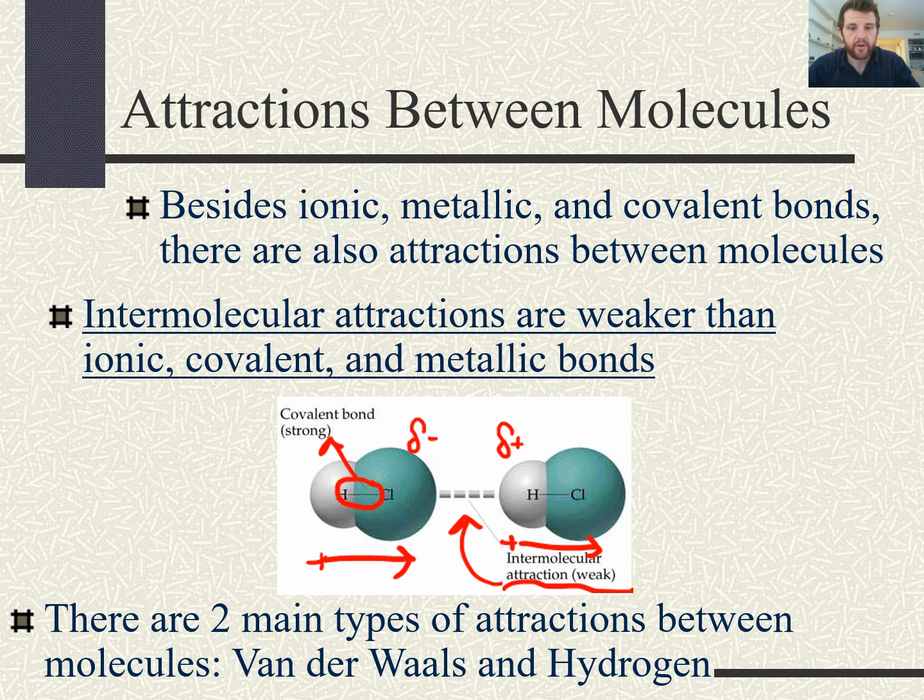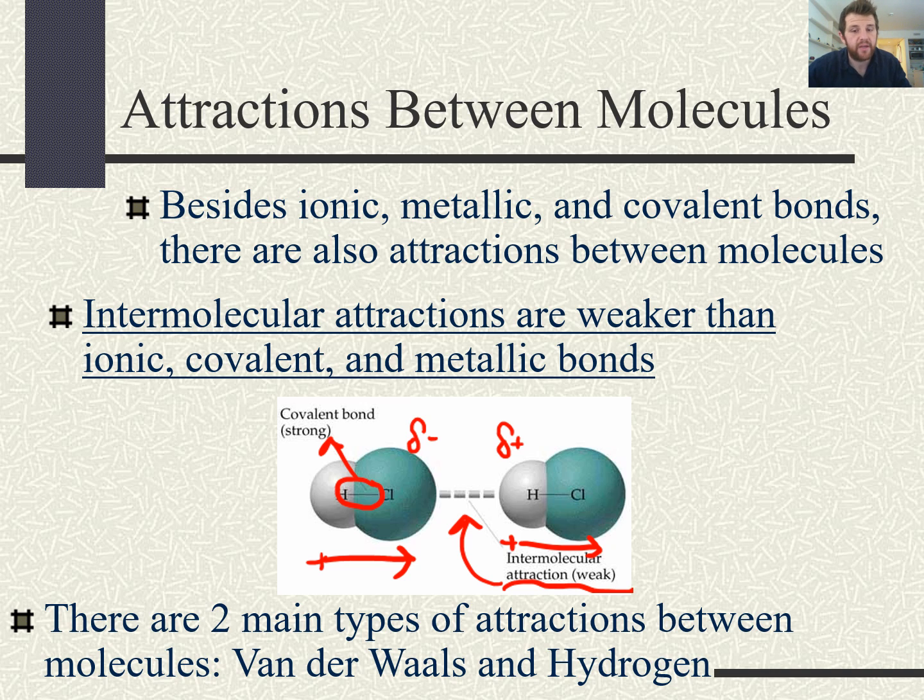And remember, hydrogen is in this situation going to be positive. So we have this partially positive side getting attracted to this partially negative chlorine. This is what's causing this intermolecular attraction, this weak bond. It's much weaker than the covalent bonds themselves, but it does exist.